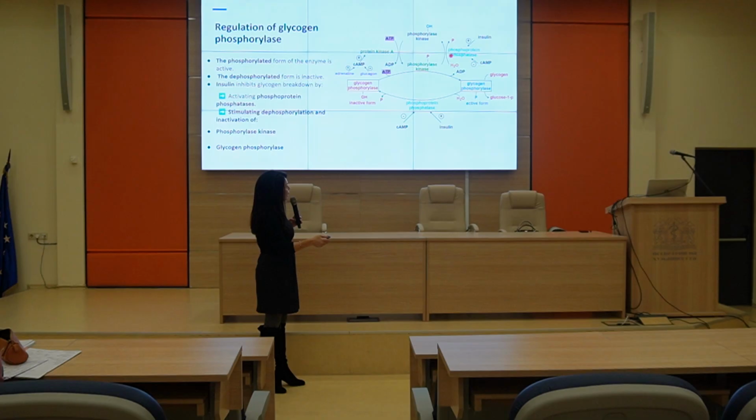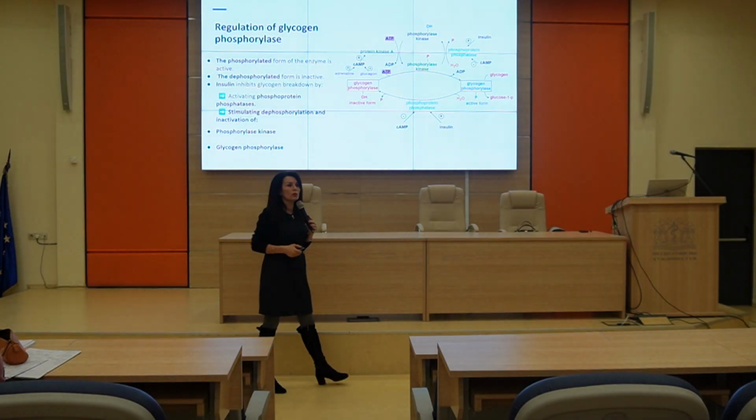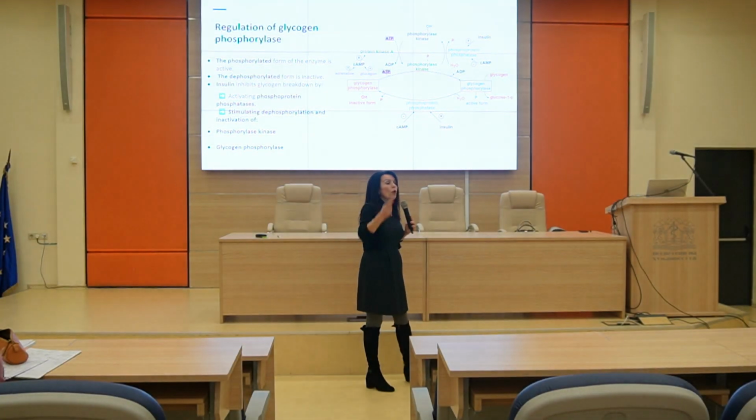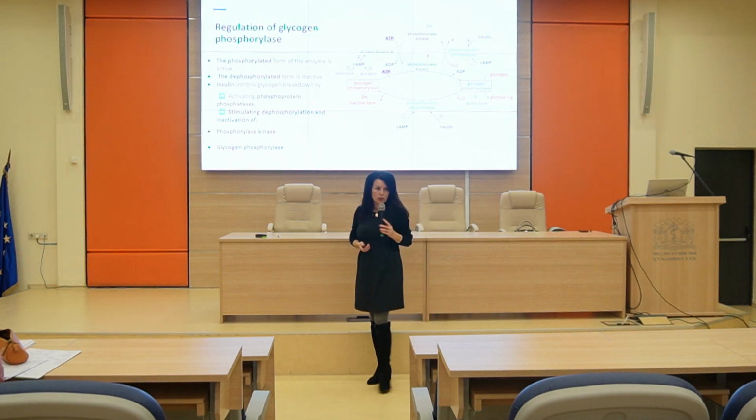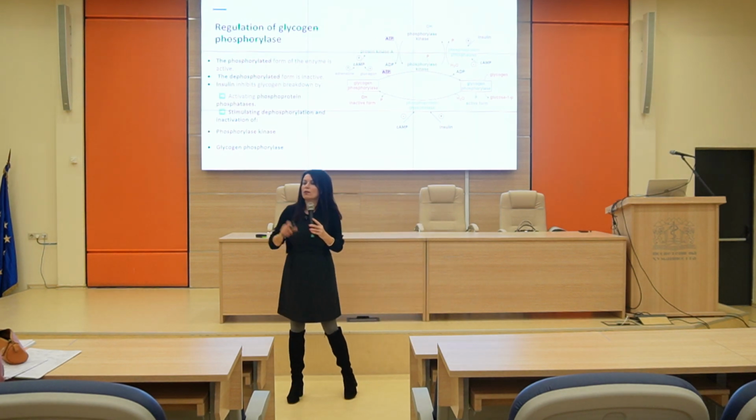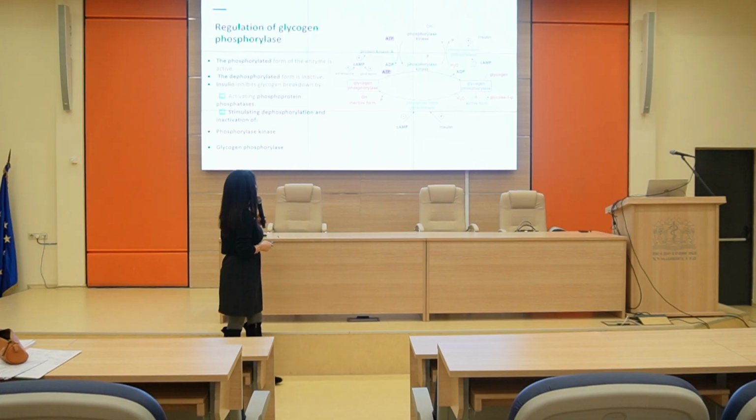The dephosphorylation of this enzyme is thanks to the phosphatase enzyme with one molecule of water again. And insulin activates both of the phosphatases, this one and this one. Both are activated by insulin. Both of the kinases are activated by contra-insular hormones again. And this is the complex part of the scheme. All the rest, you know.